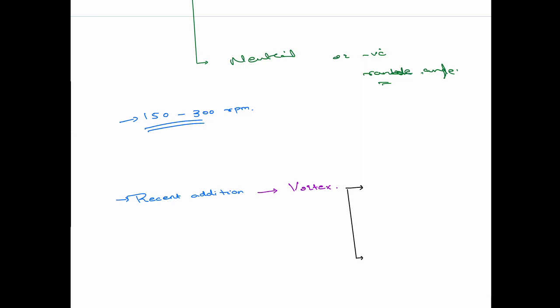And into this profile system, which we'll study later on, a recent addition is there, which is called the Vortex system. It's a modification of profile. Remember, profile is a first generation system, and its recent modification is called Vortex.